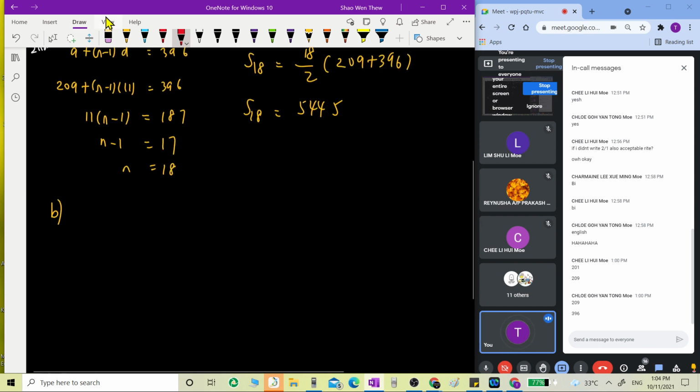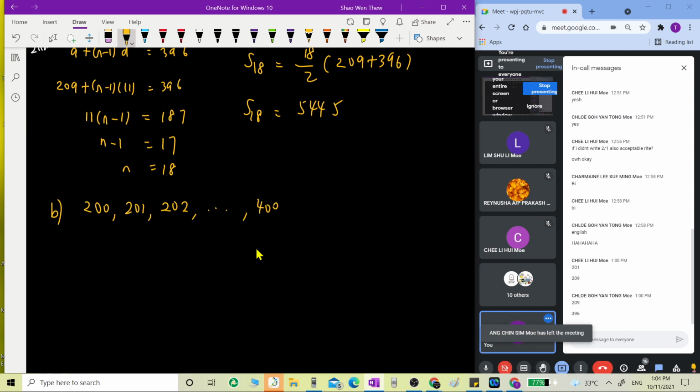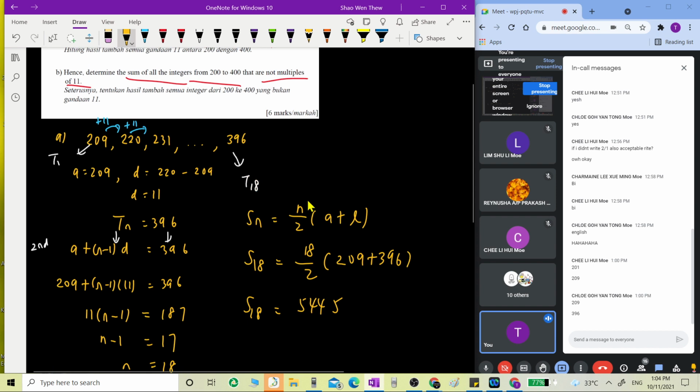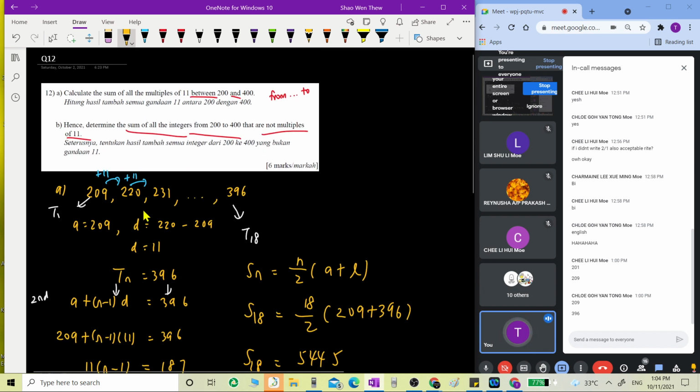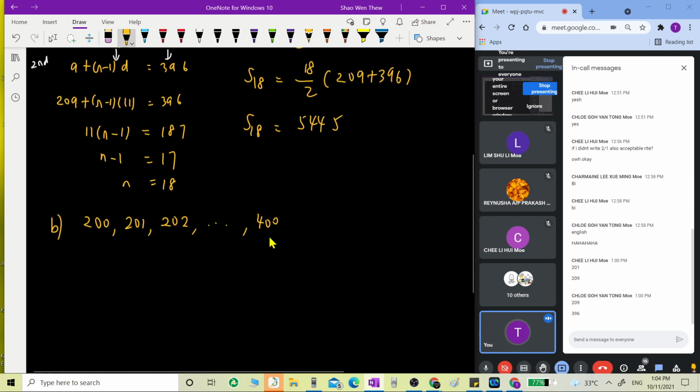So you need to list out. I see many of you didn't list out like this. You need to list out first. We need to find the sum of all these numbers. After we find the sum, then we minus the sum of all these numbers. Because just imagine we take out all these numbers from this list.